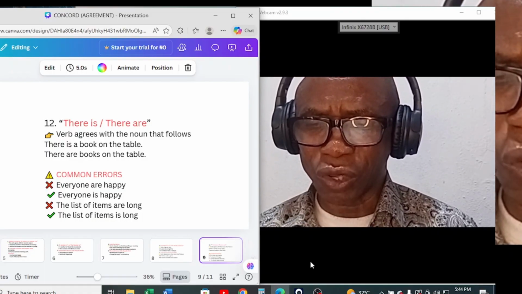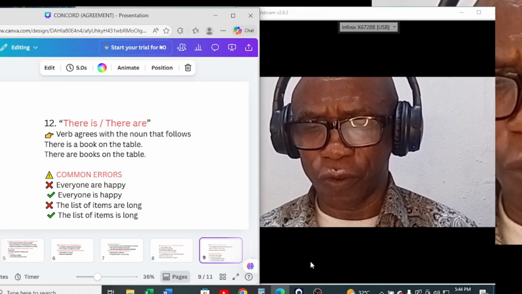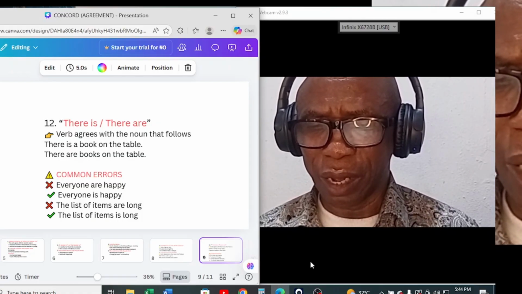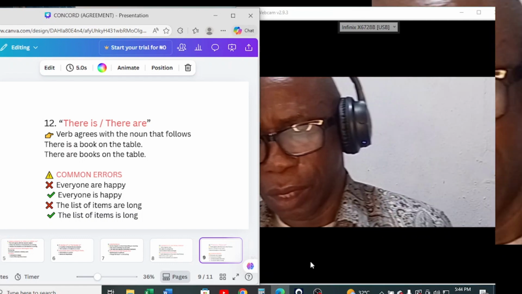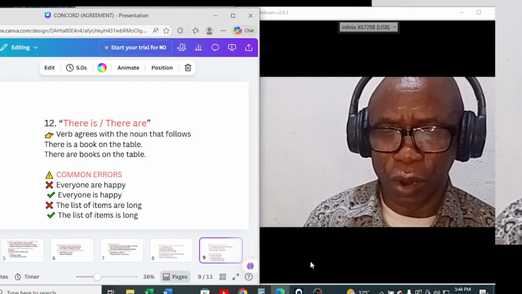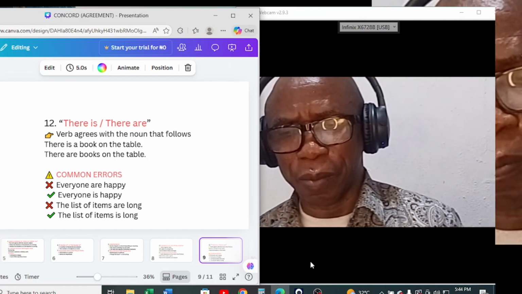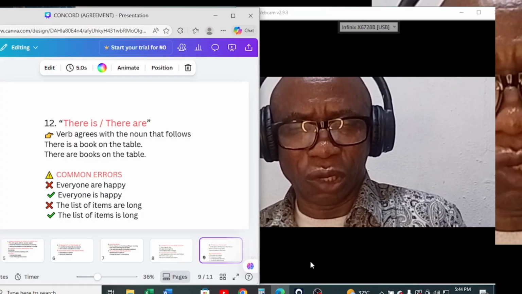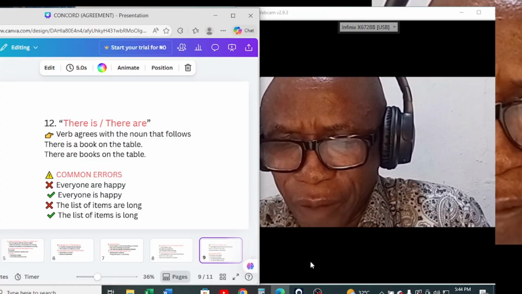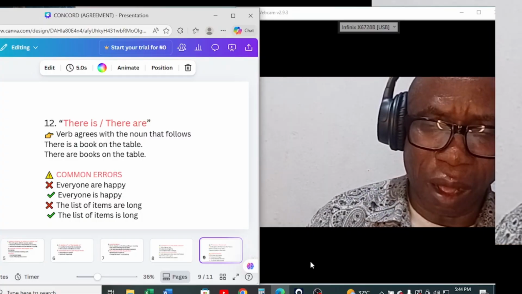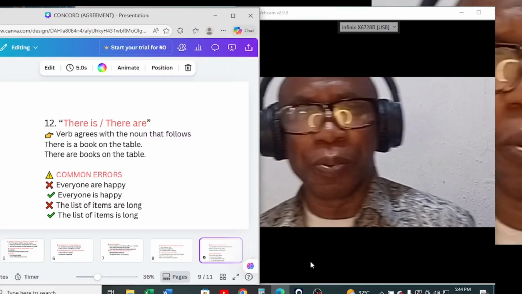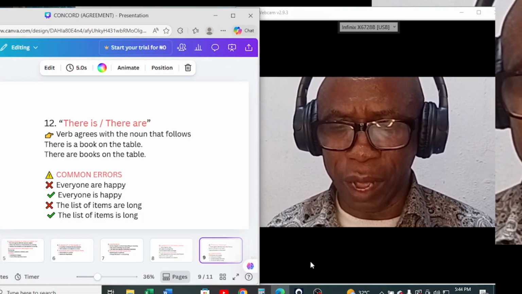Now let's look at some common errors students often make, where a student uses the indefinite pronouns. You remember the indefinite pronouns: anyone, everybody, everyone, each, and so on and so forth. Every indefinite pronoun would carry a singular verb.